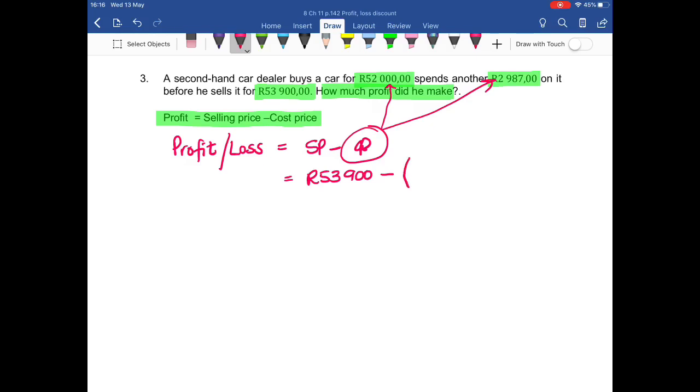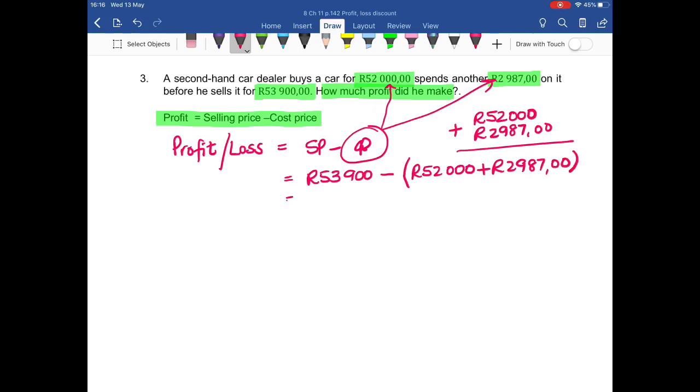So a neater way to do it is 52,000 plus 2,987 Rand.